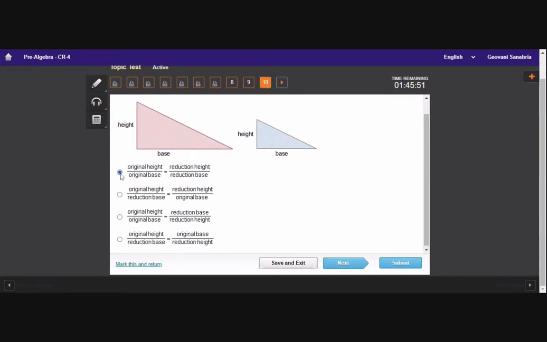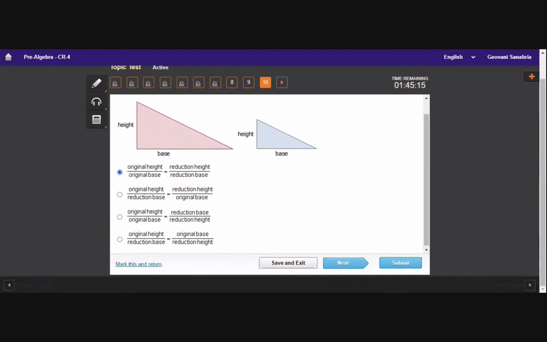Isn't there a time where it can be original height and then reduction height underneath, and the other ones on the other side? Yeah, if it was original height and reduction height for the first fraction, then on the other one it'd be original base and reduction base. In this answer, the things that have to match are height on top, base on bottom.